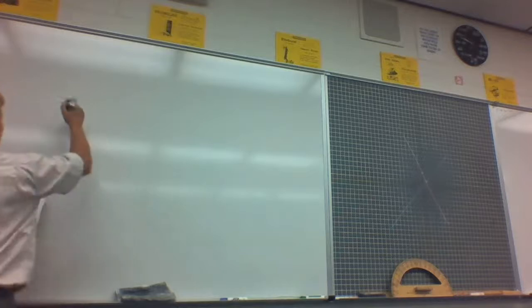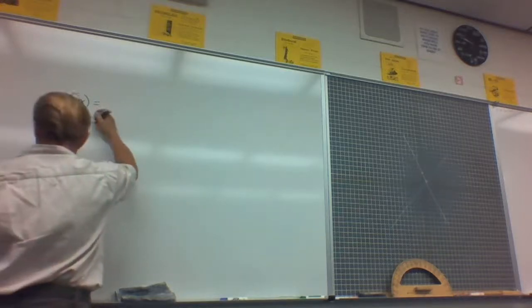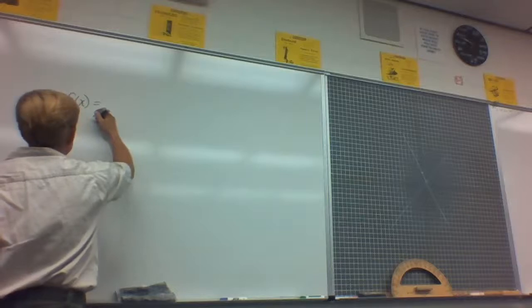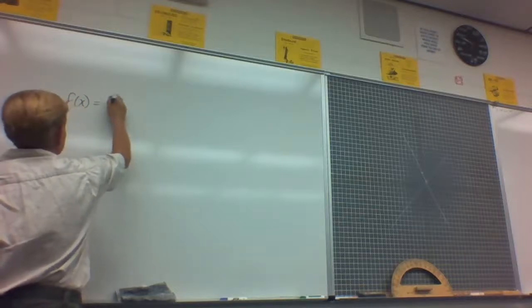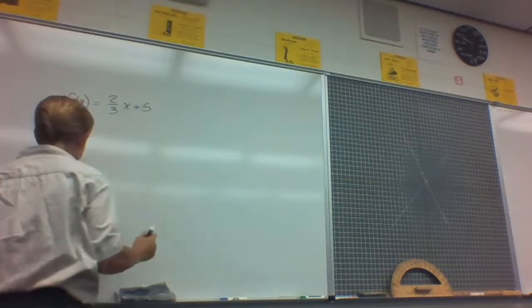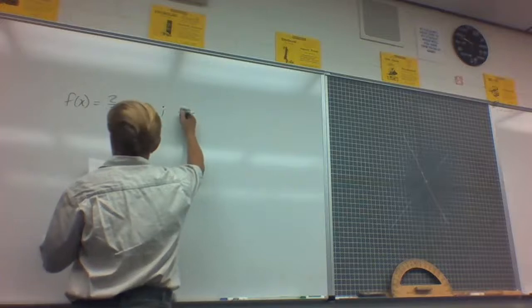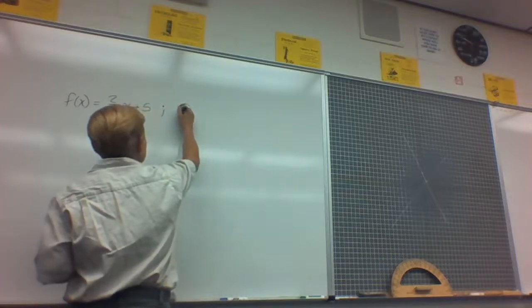So I have f of x equals, for example, let's say 2/3 x plus 5. And the transformation you've got to do to it, they'll put a semicolon right here like this, and then they will tell you what sort of transformation, this one is like this.